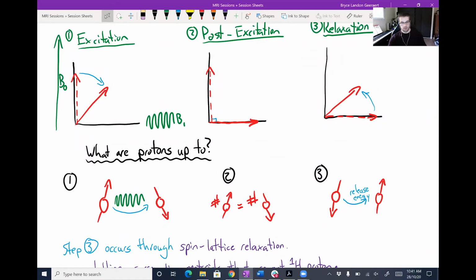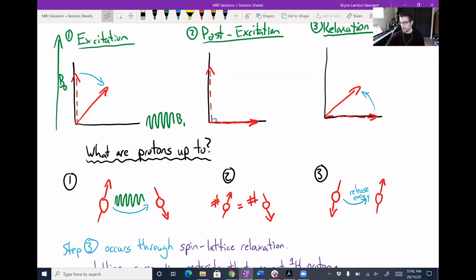I've got another question from Catherine, which is great. Do protons only have the 2 energy states, like a binary either up or down, or are there in-between angles of the NMV? This is an area where I'm still a little bit confused, but it depends on the level of detail you want to understand MRI at. For our purposes, there are 2 orientations, either up or down, and that is true.